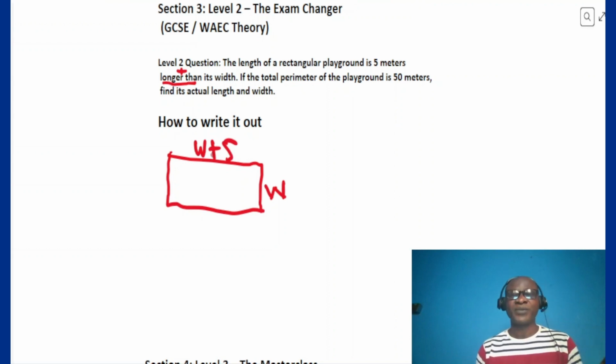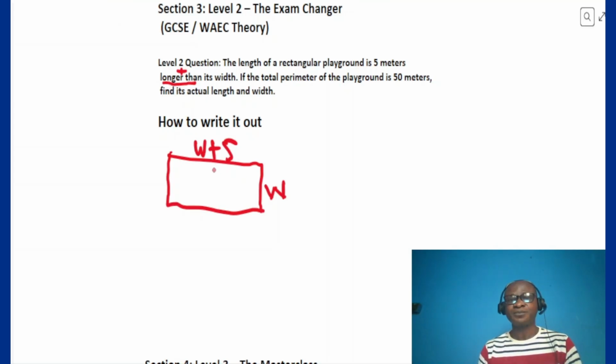Remember, we are referring in this question to a rectangular playground, and the width, which is W, when added with 5, gives exactly the length. So the length is more than the width by 5. The length is longer than the width by 5.